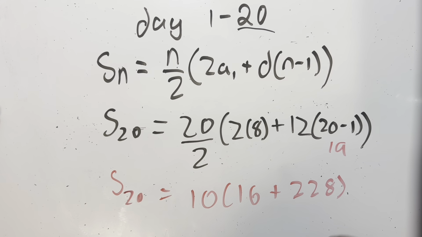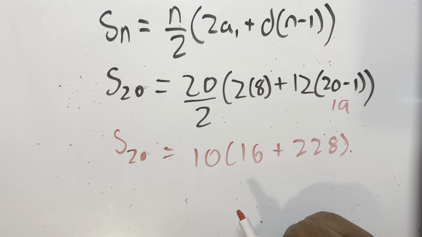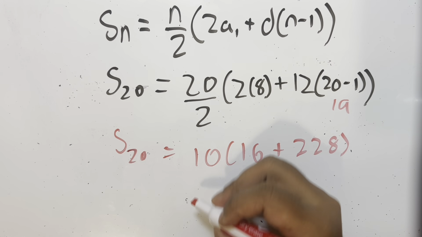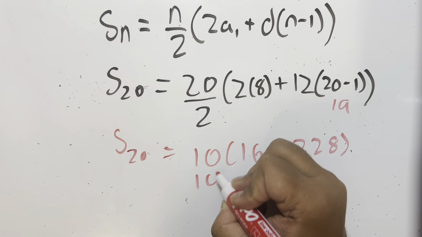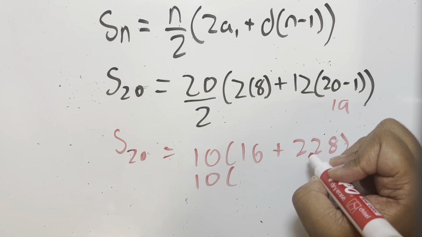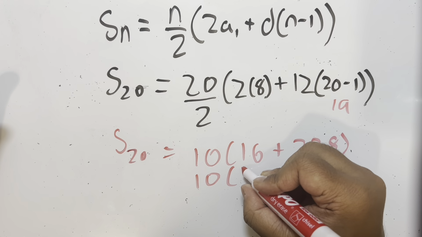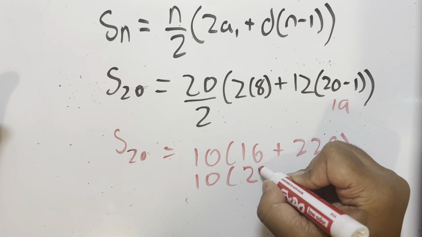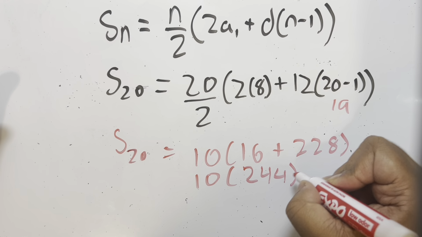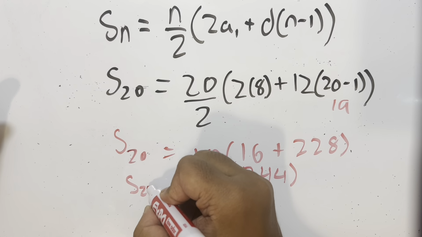Wow, I might need a calculator for this one, and I don't have one. So I have 10 times 16 plus 228. What's 228 plus 16? It's 244. That's the sum inside.